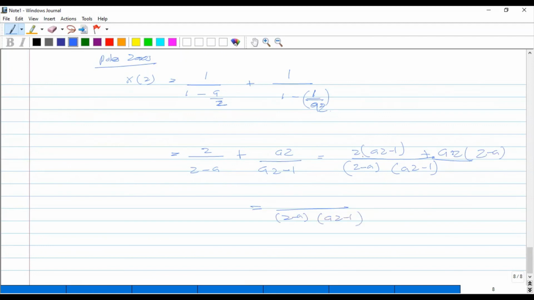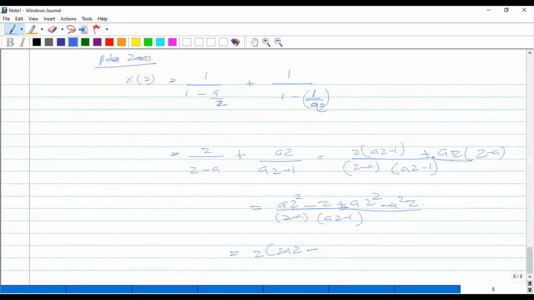So here we have Z times (A Z minus 1) plus Z times (Z minus A). If I further simplify, we have Z square minus A Z square... all terms have Z, so I take out one Z. Here we have 2 A Z square... now we have 2 A Z minus (A square plus 1), because Z is outside the bracket.